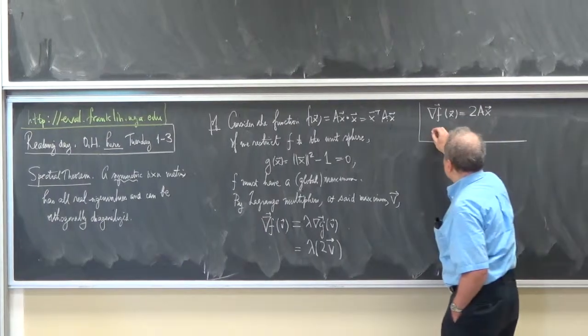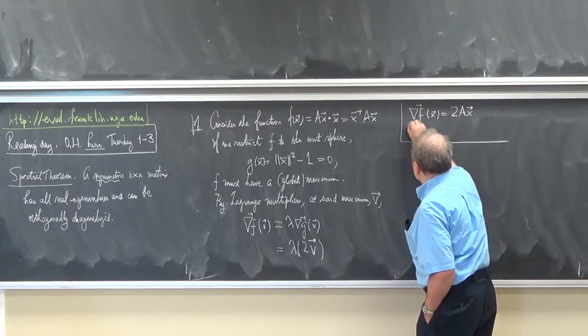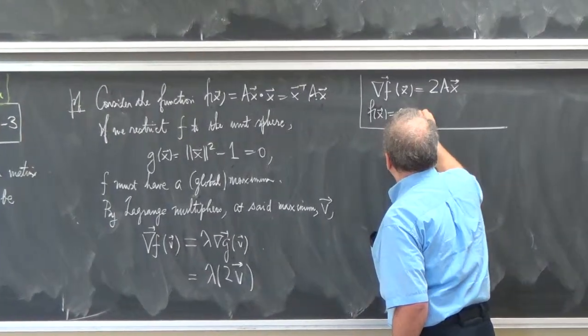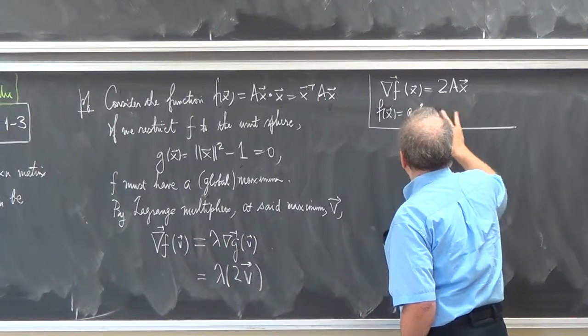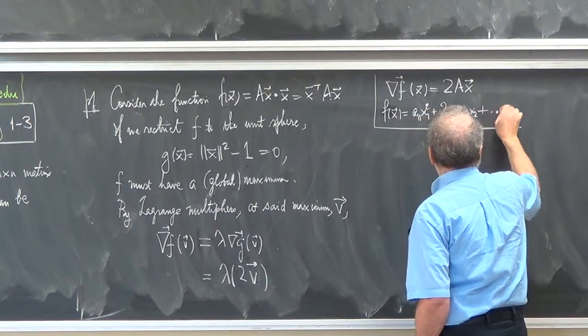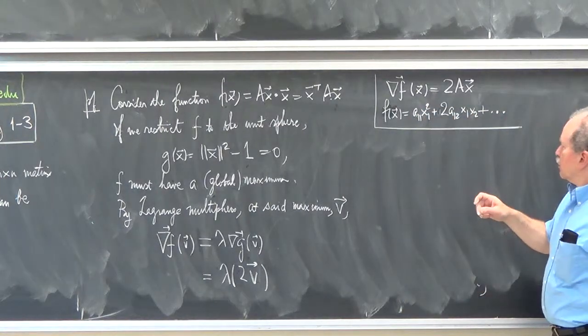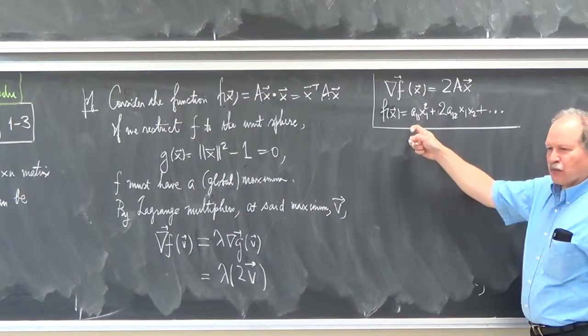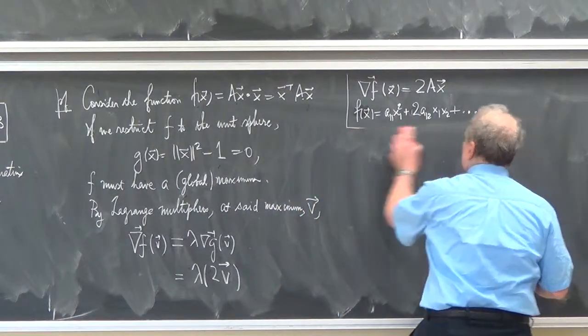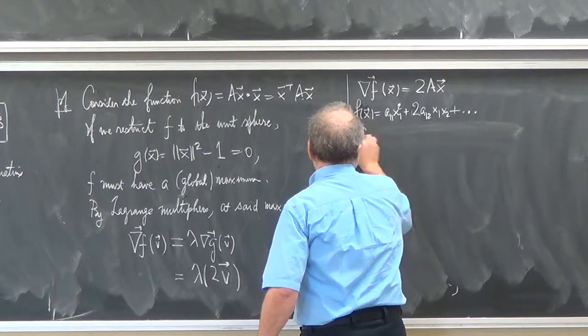Because if you write it out, just to see what's going on, a11 x1 squared plus twice a12 x1 x2 and so on, what are you going to get for the partial with respect to x1? 2a11.